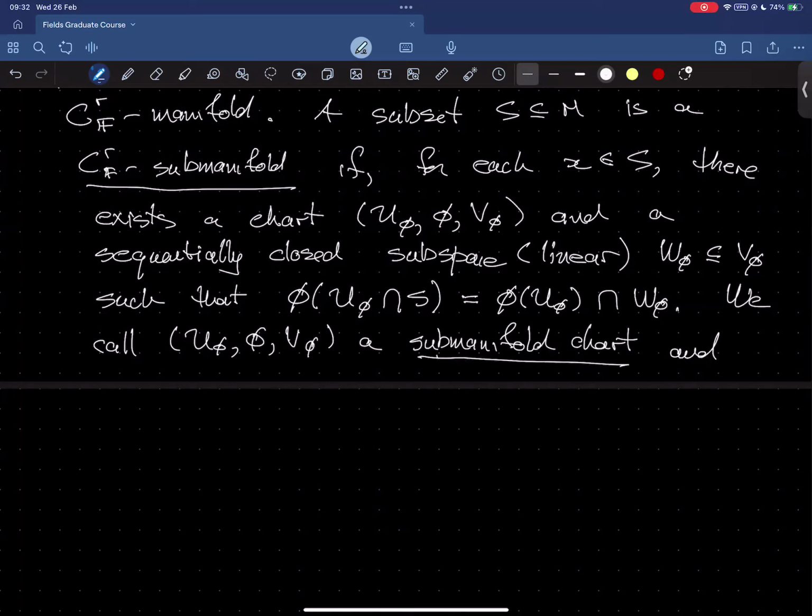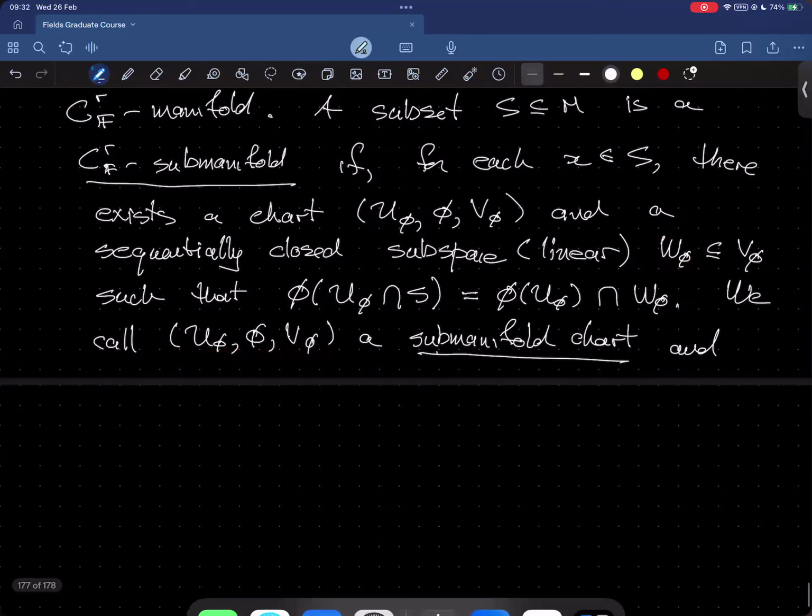The subspace W phi is also included there. When you talk about the submanifold chart, this is the chart for M, and when you include this piece of data, that's where S gets included. The whole thing is described by this triple along with W phi.